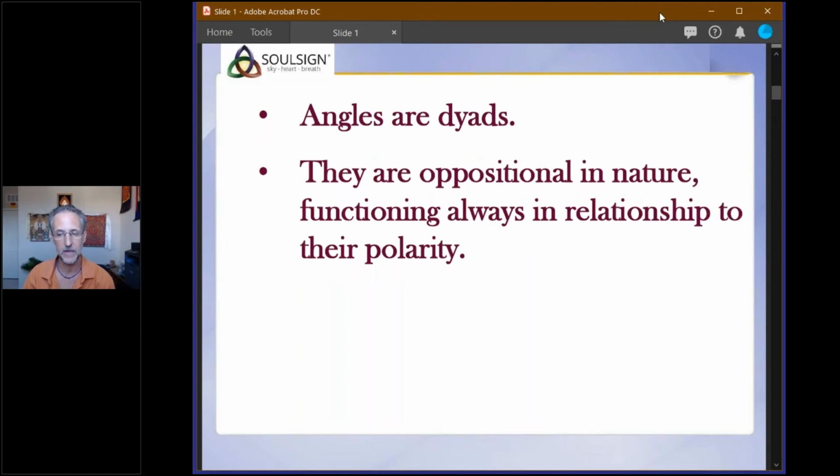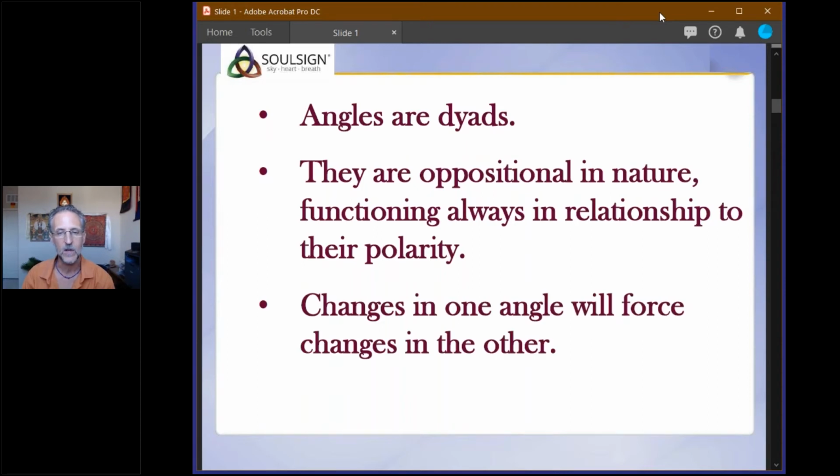And I hope in this lecture I'm going to be giving you ways to do that. So this is another thing, I'm leaning into a little bit more of the idea of transits and progressions, and when we direct charts. Changes to one angle will force changes in the other. You cannot have, for example, transiting Pluto hitting your ascendant and not have it directly affect your descendant area of your life.